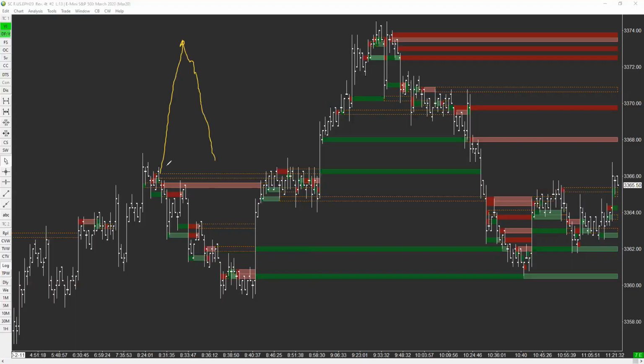But if it retraces the entire move, you've got to question the continuation of that move. This move is strong. Why? Because the move is up. It's a rally. If the whole thing is retraced, you've got to question the continuation, which would be this dotted line.